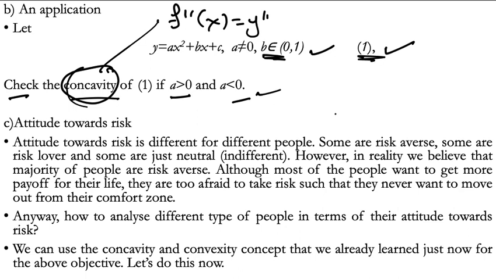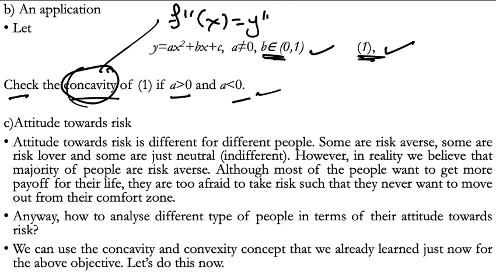Next, we're going to look at the economic application of second derivative. There are a lot of economic application of second derivative, but this time we're going to look at the attitude towards risk. Different people have different attitude toward risk. I'm sure you have heard these terms: risk averse, risk lover.